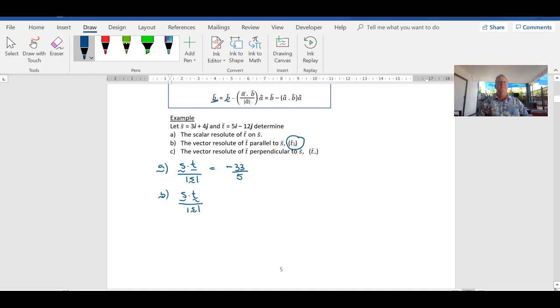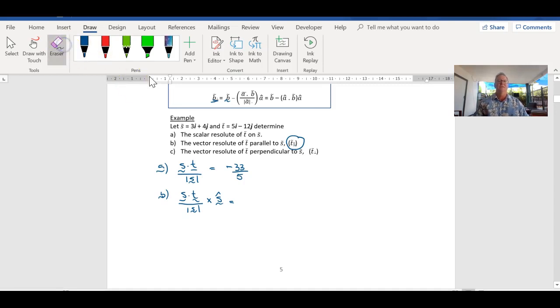Scalar resolute, and then times that by this, the vector S divided by its norm. So we want a vector that is in the direction of S, but is a unit vector.